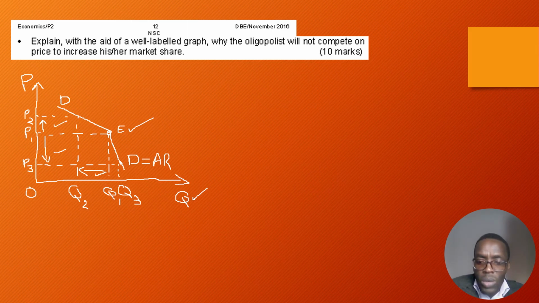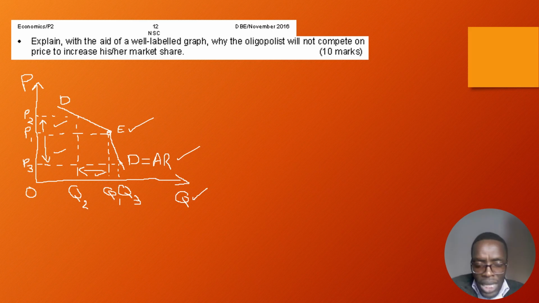Okay, so these were possibly 6 marks that learners could have received, and also for indicating that D is equal to AR, you also get another mark there. So these were 6 marks that a learner could have easily snatched from this particular question.